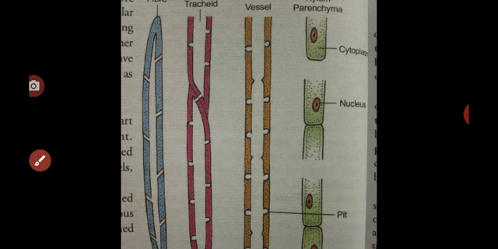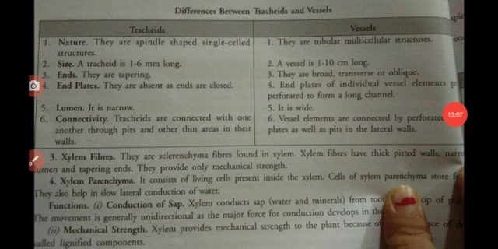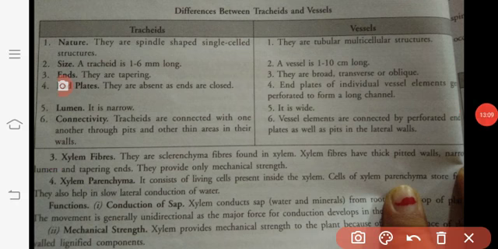Now what are the main differences between tracheids and vessels? Tracheids are spindle-shaped single-cell structures. Vessels are tubular multicellular structures.